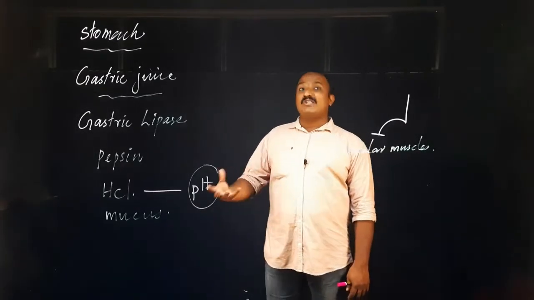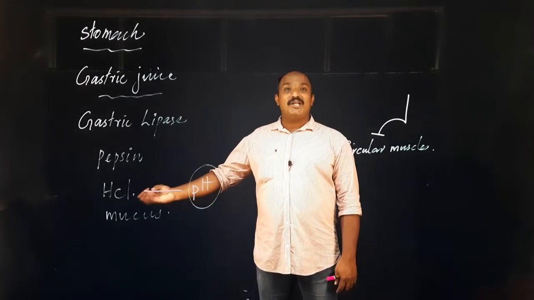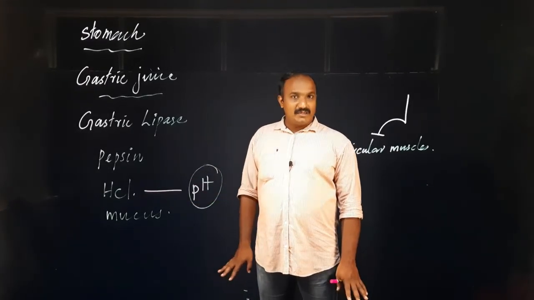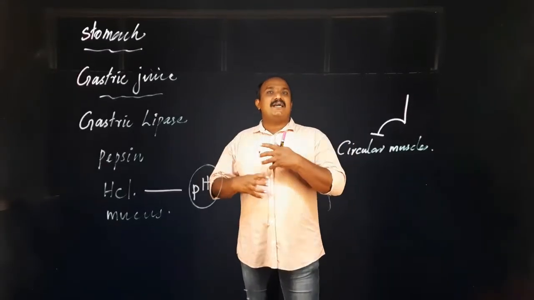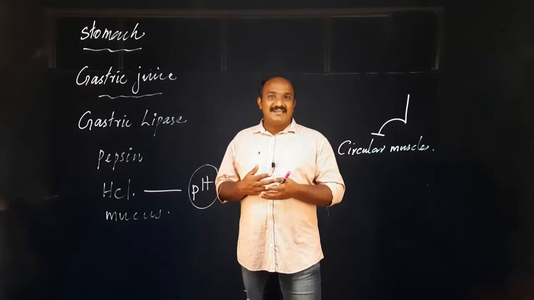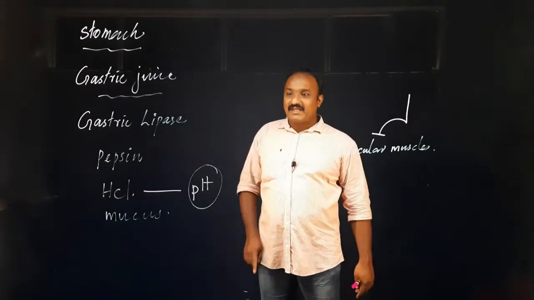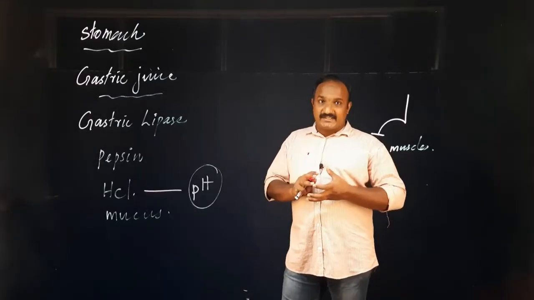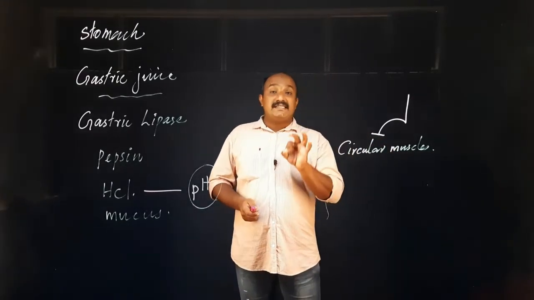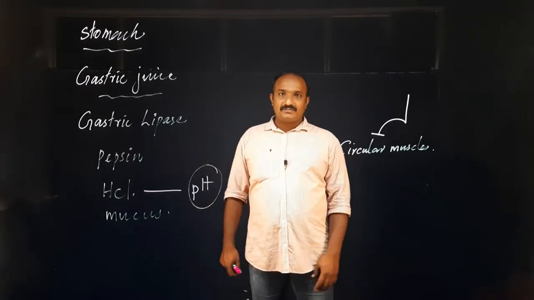If it is roasted, it is very easy for powdering. Clear? So when we roast the chili and coriander, it will be suitable for easy powdering. Like that, when the food materials are mixed with acids, they can be easily digested.